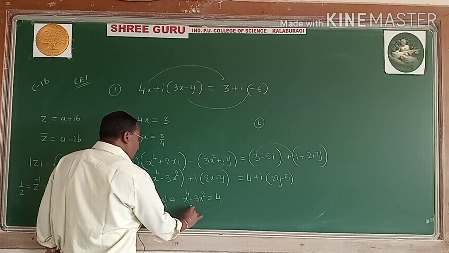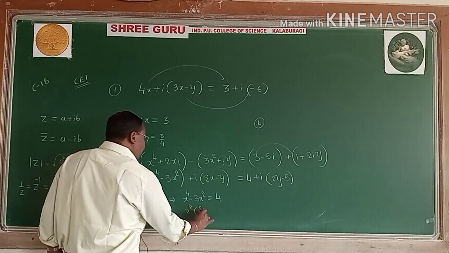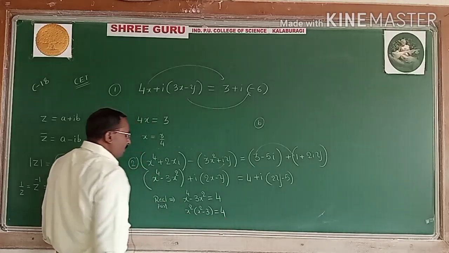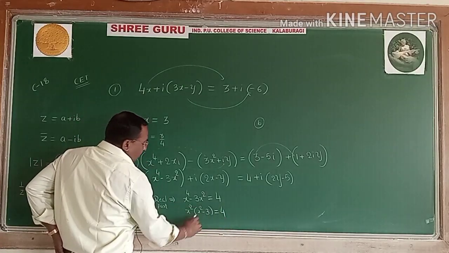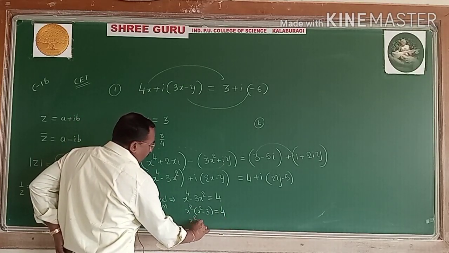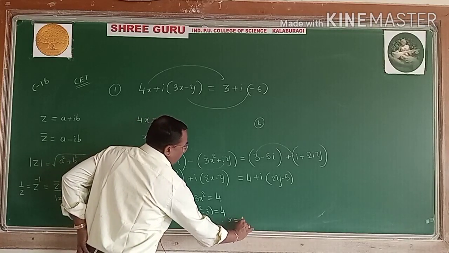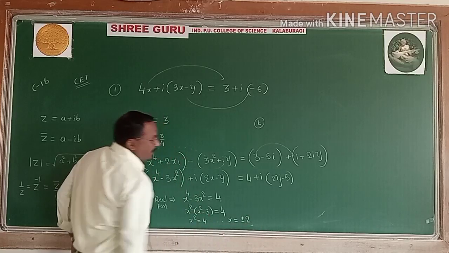Taking x square common, x square minus 3 is equal to 4. Here x square is equal to 4, therefore x value is what? Plus or minus 2.